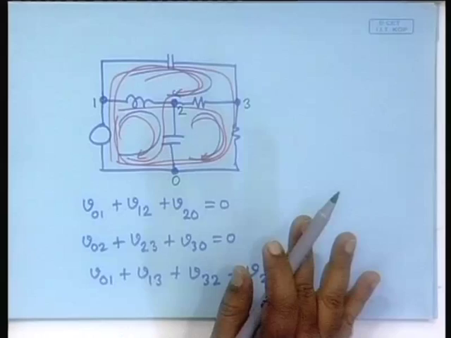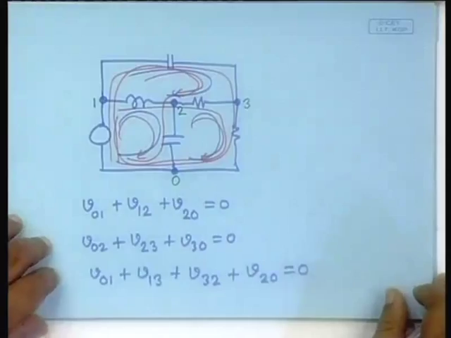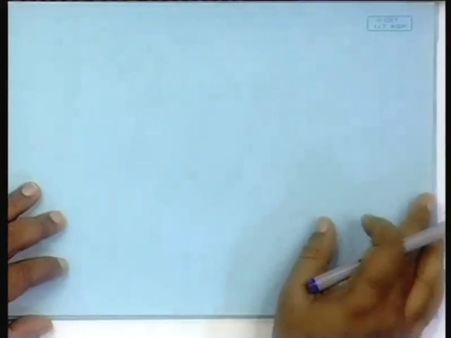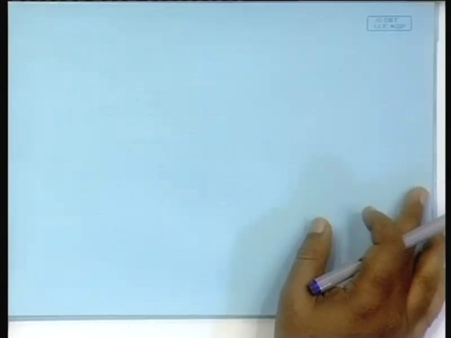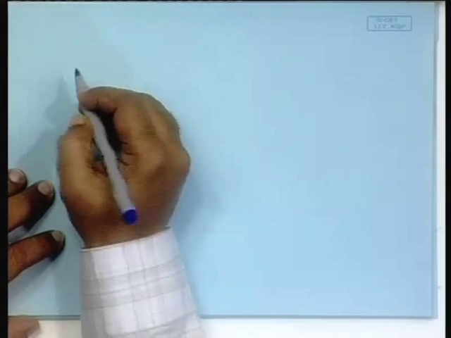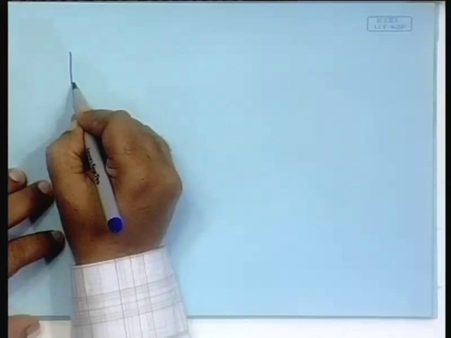In that case all these loops are not the independent loops, only this, this and this remain the independent windows. Yes, let us do that. So, that will be the mesh current method. Let us apply that to first a very simple circuit and see the consequence.